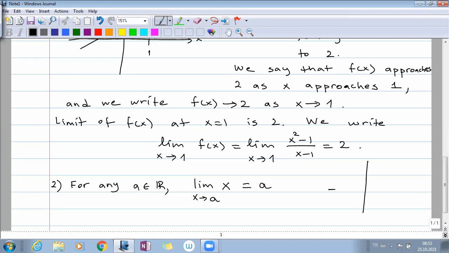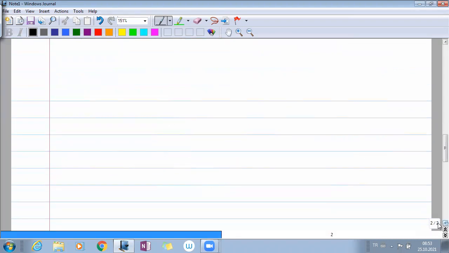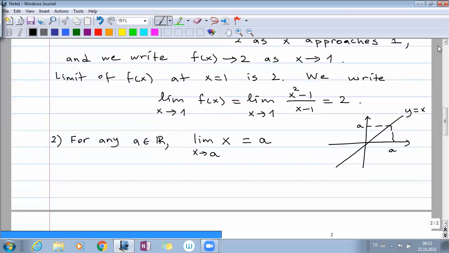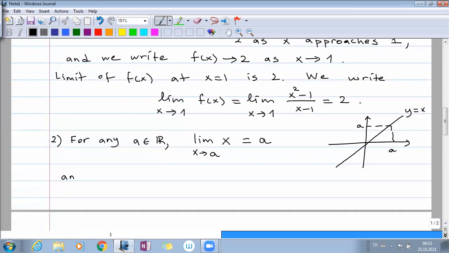When you consider the graph y equals x, as x approaches a, the values of the function also approach a. And another simple limit, when you take the limit as x approaches a of the constant function.